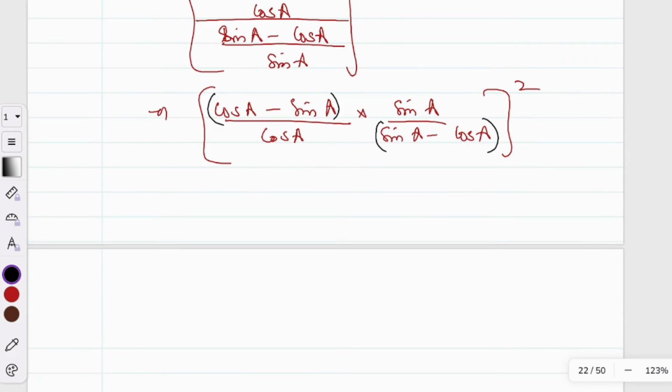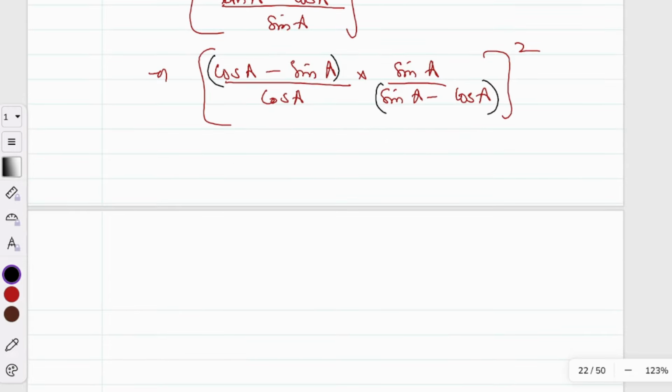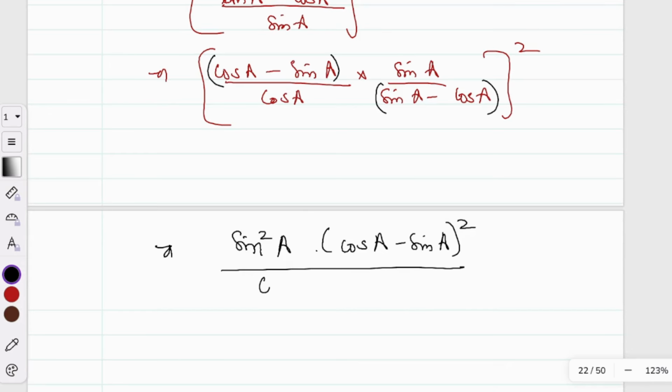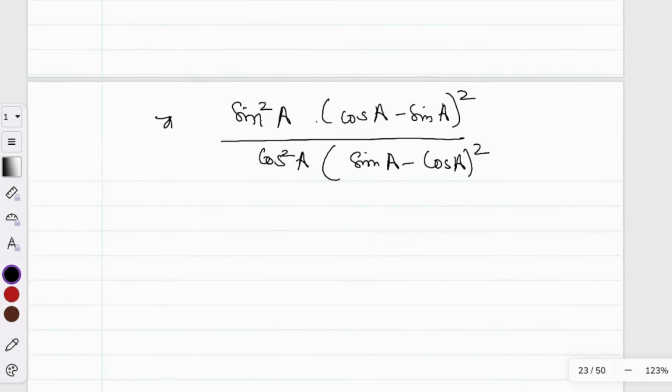I will put the bracket here. Now if I open the bracket and rewrite that equation, it becomes sin square A into cos A minus sin A the whole square, divided by cos square A into sin A minus cos A the whole square, right? In this way we can write the equation.